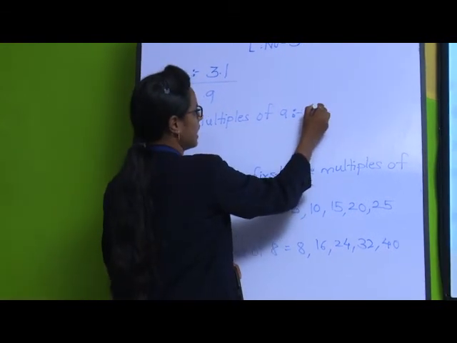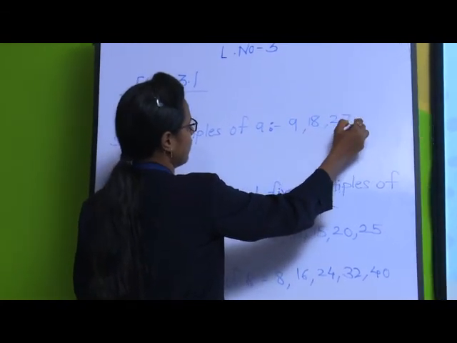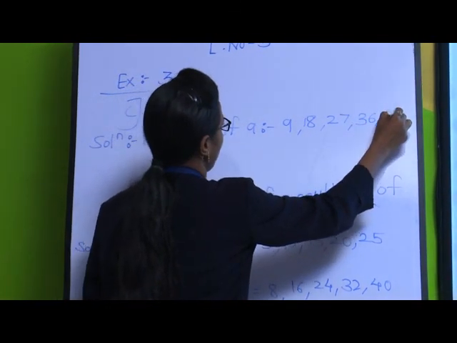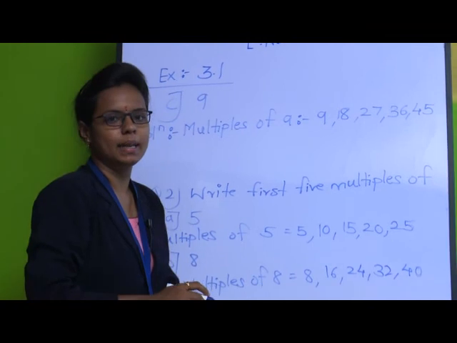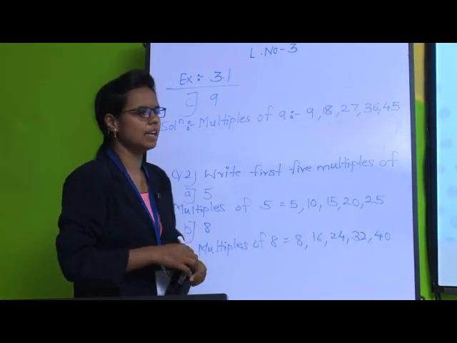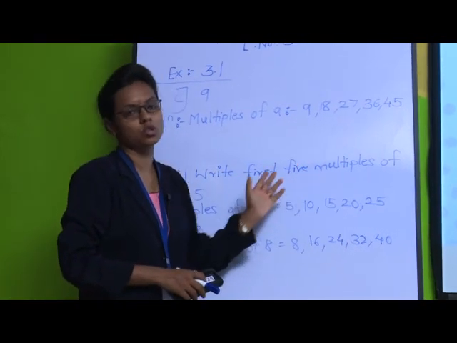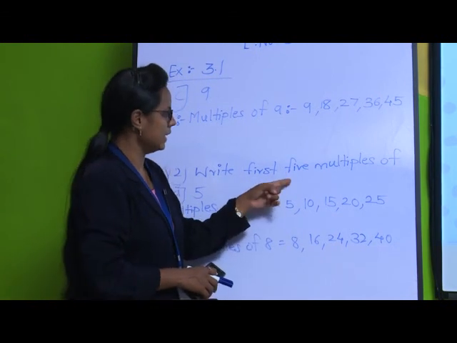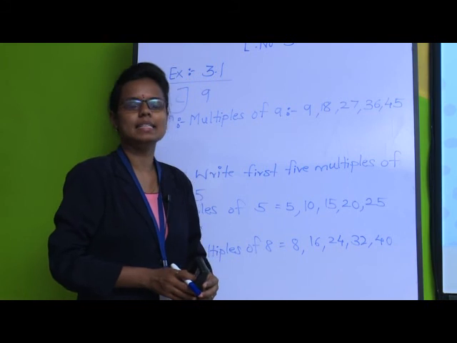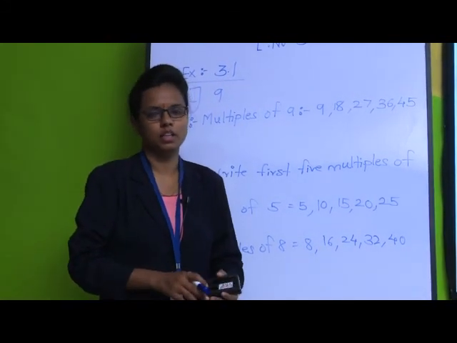Yes, 9 ones are 9, 9 twos are 18, 9 threes are 27, 9 fours are 36, 9 fives are 45. So these are the multiples of the given numbers. If the question says find the first 10 multiples, you write 10 multiples. Here 5 multiples are asked, so we have written only 5. As asked in the question, we have to write that many multiples in the solution.